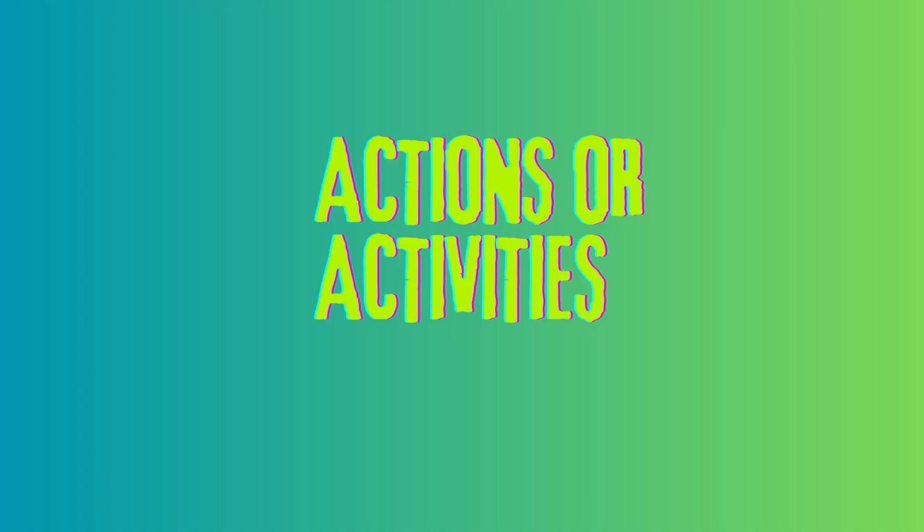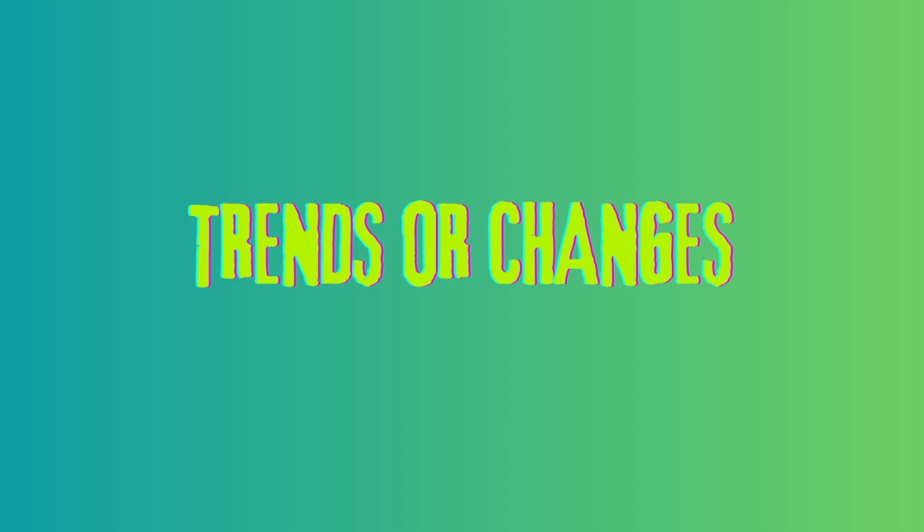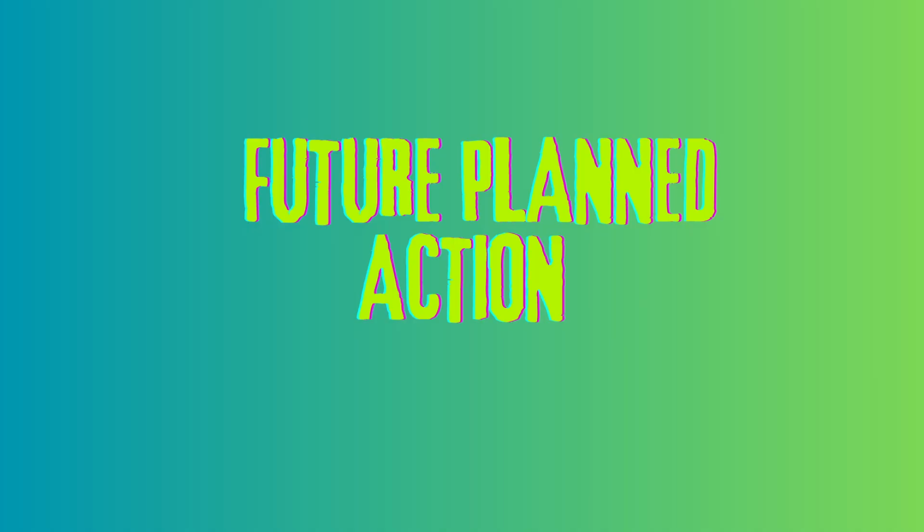First is temporary situations. Then we use it for the actions or the activities which are happening at the moment of speaking. We use it for the trends or changes, and we use it for the future planned action. So these are the purposes we use the present continuous form.